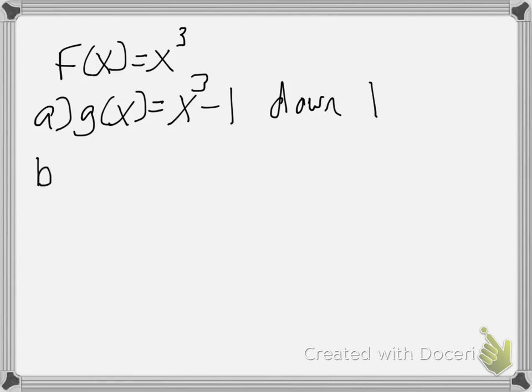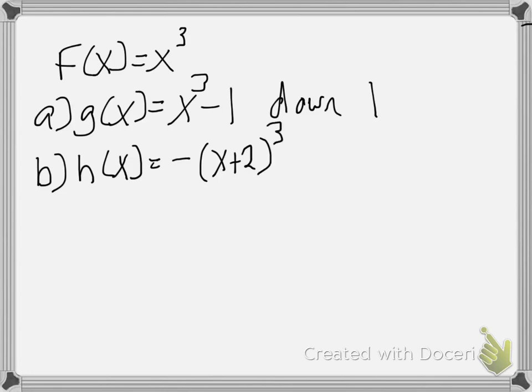Okay? Now let's deal a little bit with h of x. h of x has a little bit more to it. We have a negative, we have x plus 2, and it should be cubed, guys, plus 4. Okay?